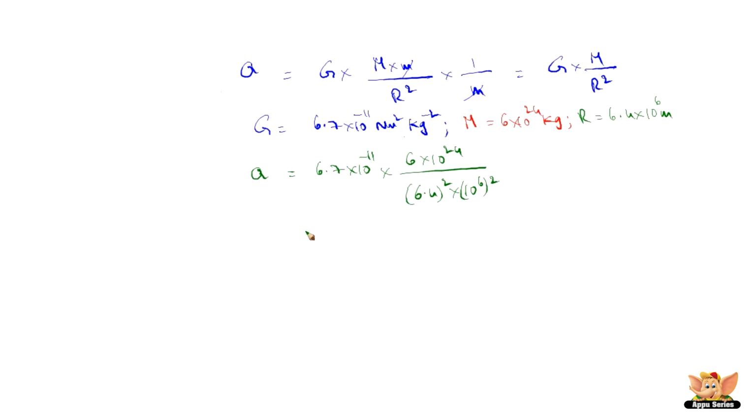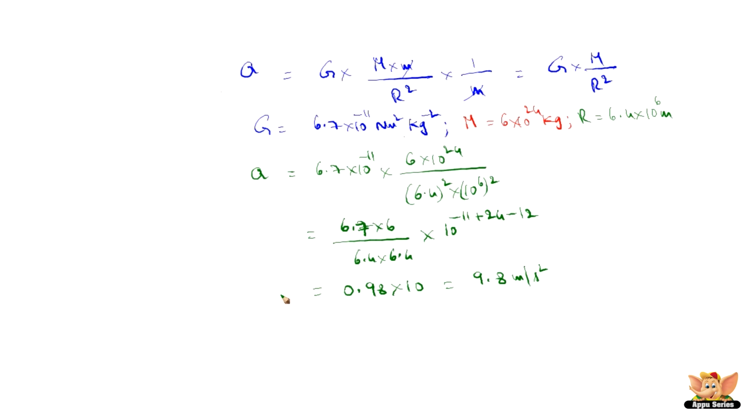This leads us to 6.7 into 6 divided by 6.4 into 6.4, into 10 to the power minus 11 plus 24, minus 12. So this will lead us to 0.98 into 10, which is 9.8 meter per second square.